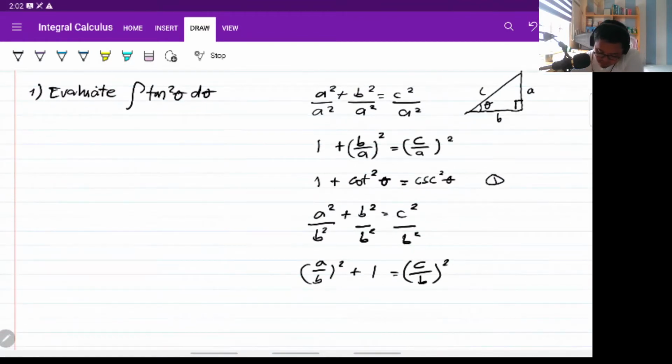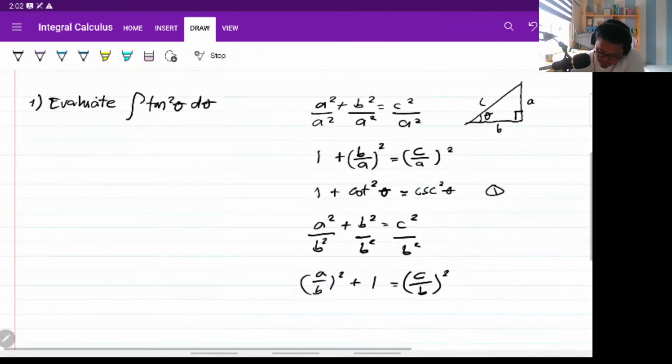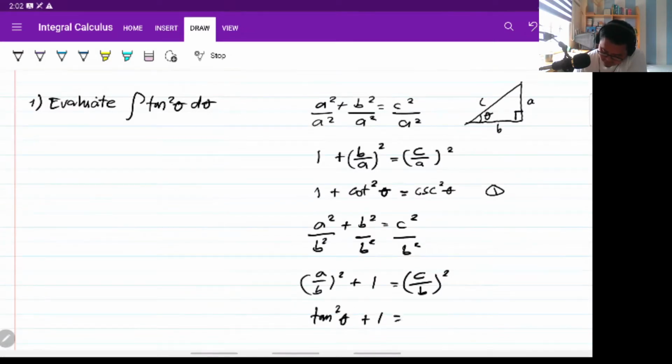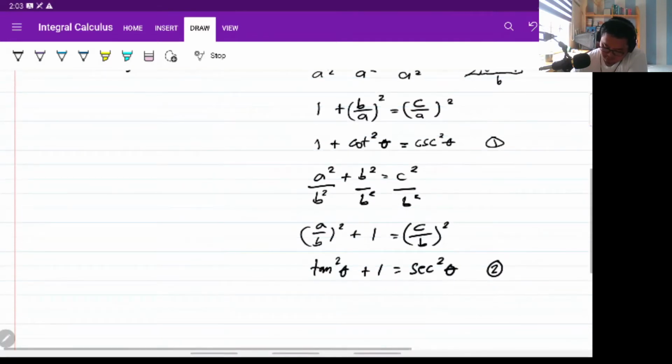And looking into the triangle, a over b is tangent, so tangent squared theta plus 1 equals c over b, which is the inverse of cosine. So the inverse of cosine is secant squared theta. So this is our trigonometric identity number 2.